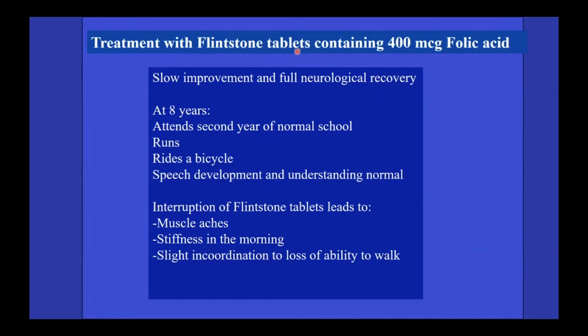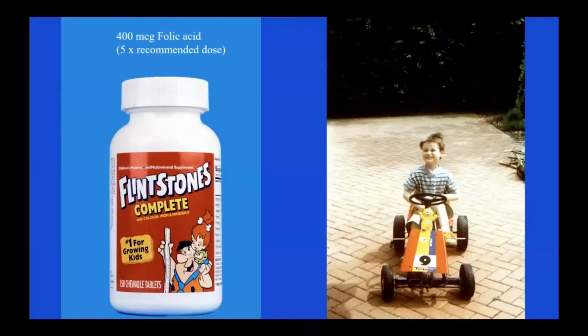We heard the story and we saw that he had fully recovered in about 6 months. He now attends the second year of a normal school, runs and rides a bicycle, and has normal speech and understanding. Here you see these Flintstone tablets, which were curing this boy who is now 8 years old in this picture.